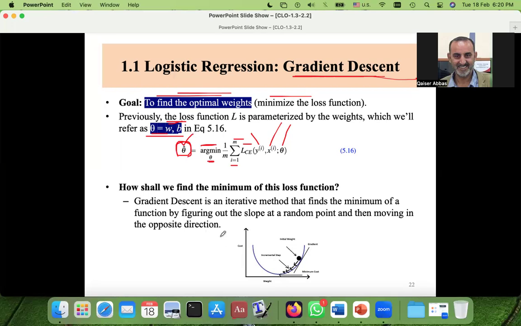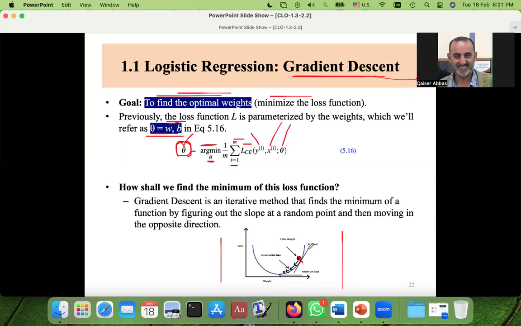This is generally described here as a visual explanation. I was asking whether you have studied something visually or mathematically, so this is visual. If this is the cost and this is the weights, and you have some point on this curve, this is your initial weight, the initial point.